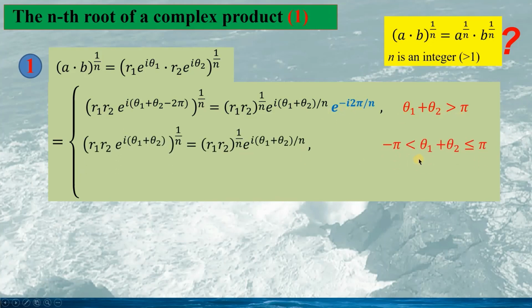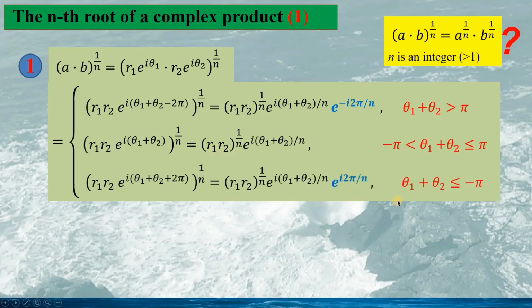And the second scenario is when theta 1 plus theta 2 is within the limit for the principal value. And then we can directly calculate the nth root of the product. And the third situation is when theta 1 plus theta 2 is less than minus pi.